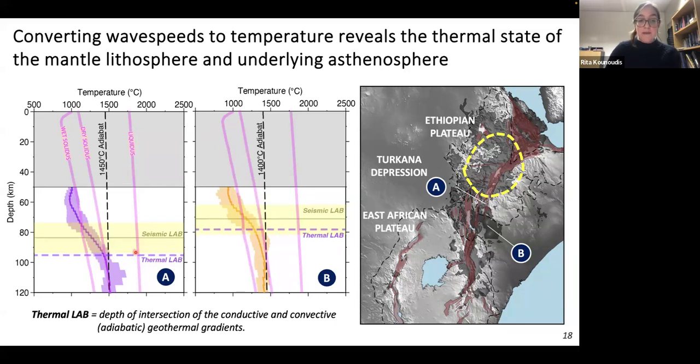So thermally, the LAB is often defined as the intersection between what you would class as a conductive geotherm in the lithosphere and an adiabatic convective geotherm in the asthenosphere. So the intersection of that would give you what the thermal LAB is.